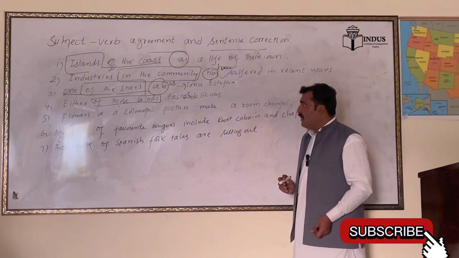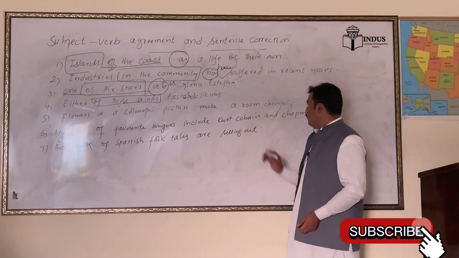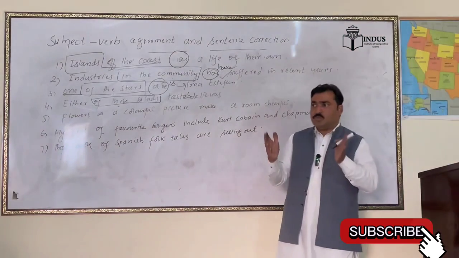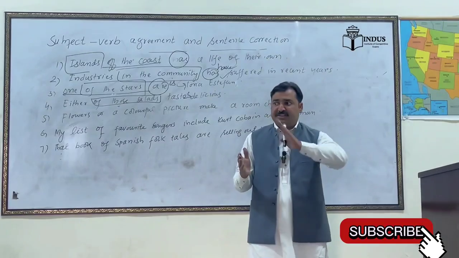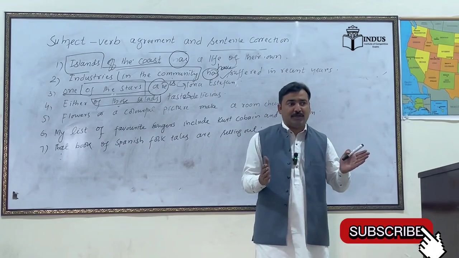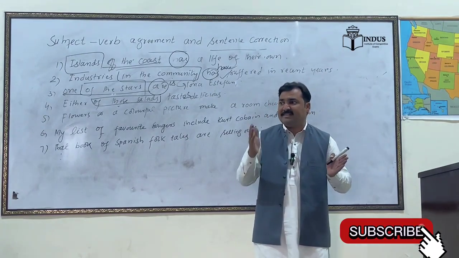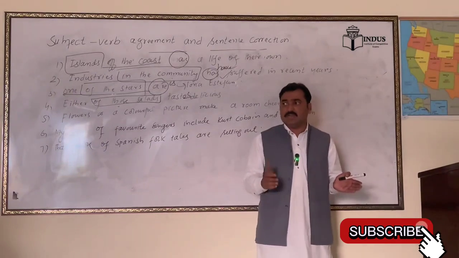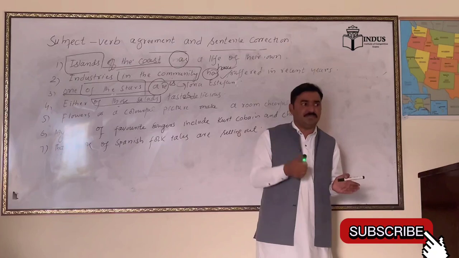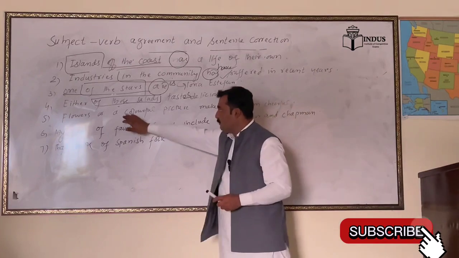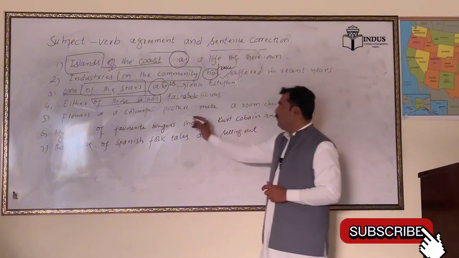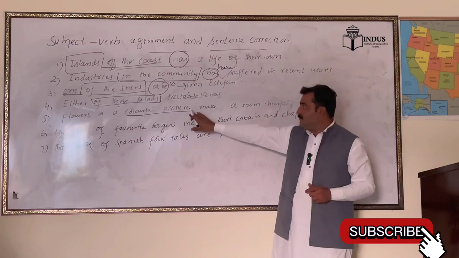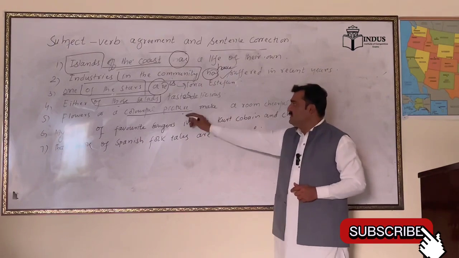Flowers or a colorful picture make a room cheerful. I have told you that if there are two subjects joined by or and nor, you have to look at the subject that is after or or nor. If it is singular, treat it as singular. If it is plural, treat it as plural. So flowers or a colorful picture: your first subject is plural, but this second subject is singular.